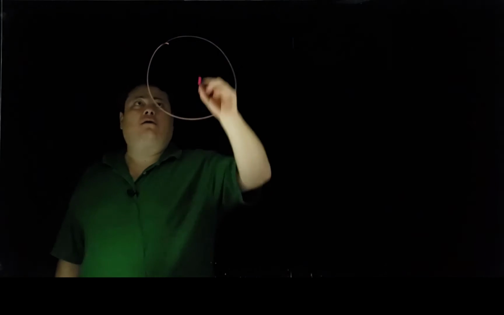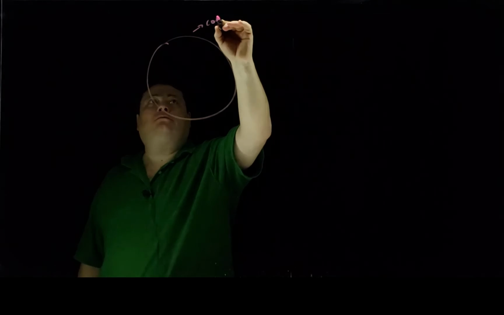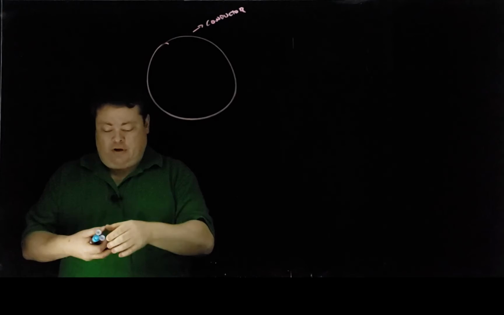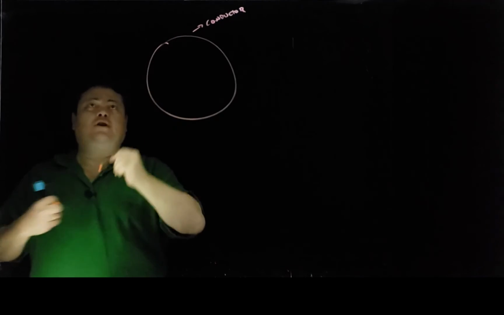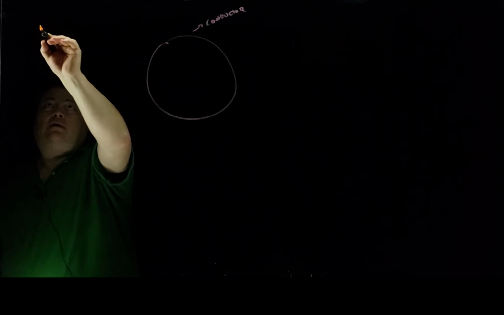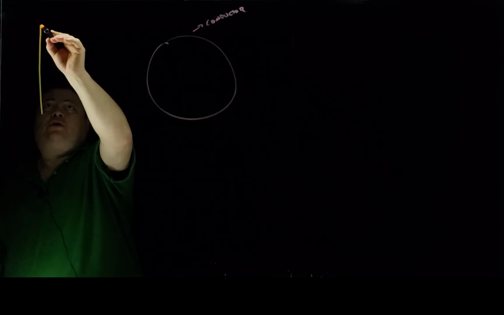Let us go back to our induction process and see one more very interesting thing in here. So I have my conductor, my sphere, and I'm going to take my charged rod and bring it close to the conductor.